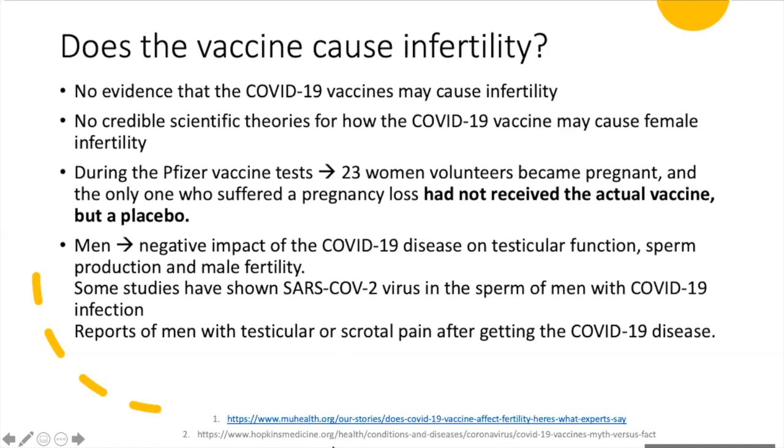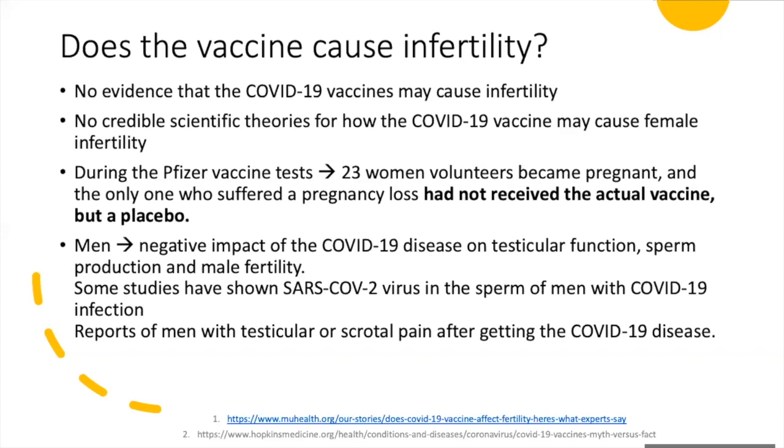Okay, so does the vaccine cause infertility? I think on social media there was something going around that the vaccine can cause infertility. However, there is no evidence that any of the vaccines may cause infertility, and there's actually no theory as to how it would cause female infertility either. Interestingly, during the Pfizer vaccine trial, there were 23 female volunteers who actually became pregnant after getting the vaccine.